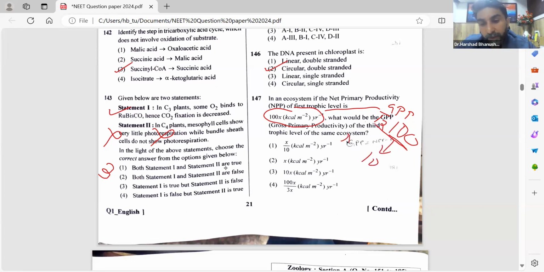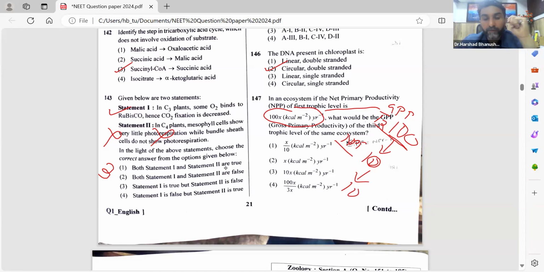So the net primary productivity of T2 would be 10. And T3 will receive that entirely. So T3 will receive 10 out of this.